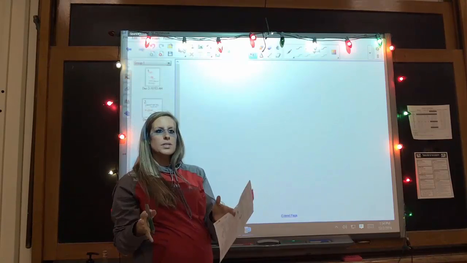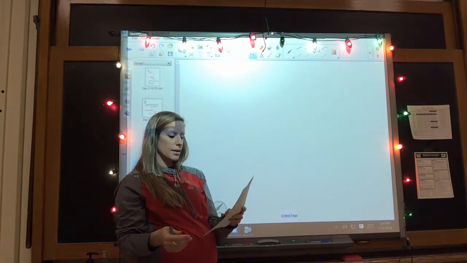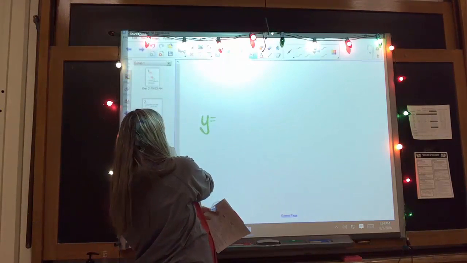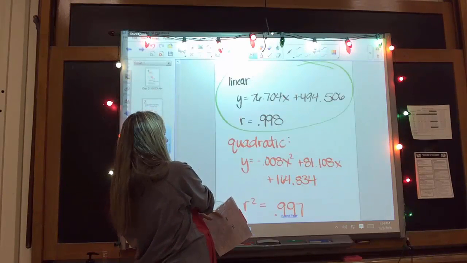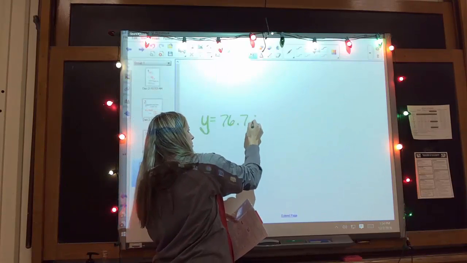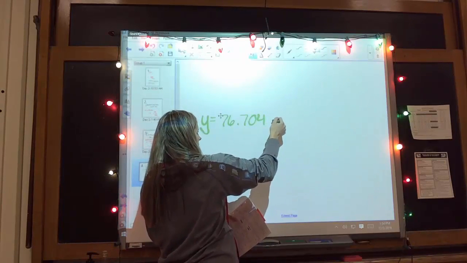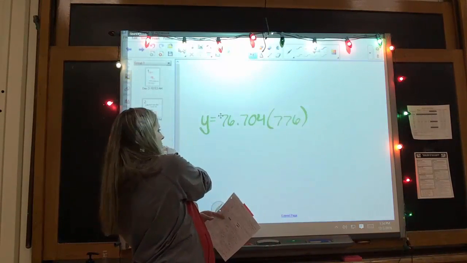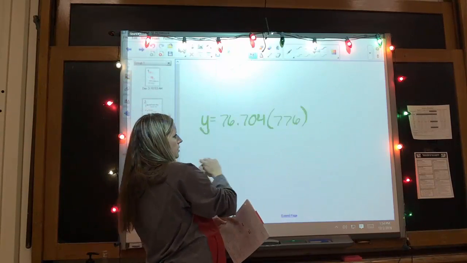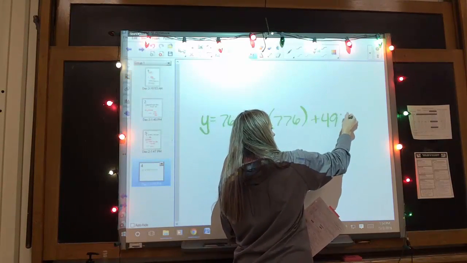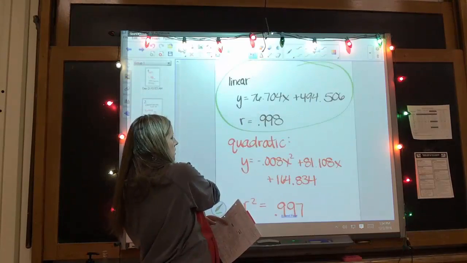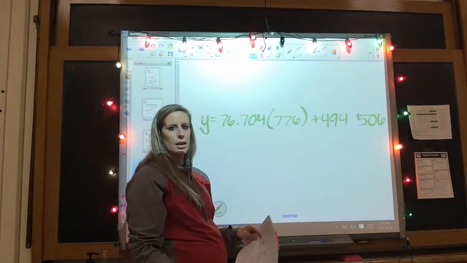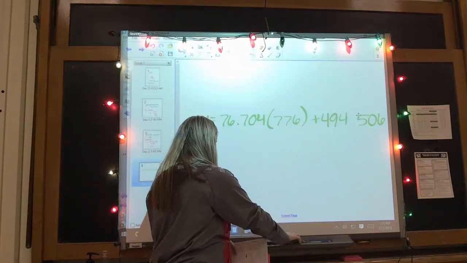And since we said that linear was the best fit, we're going to use our linear equation to do this. So 76.704x. Okay, and we're going to plug in 776 for that, plus 494.506.